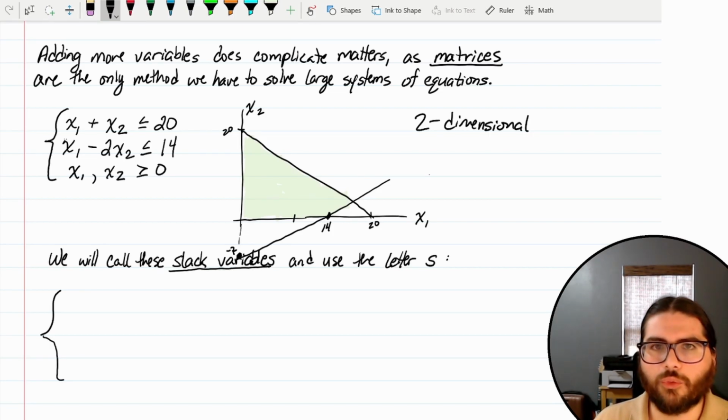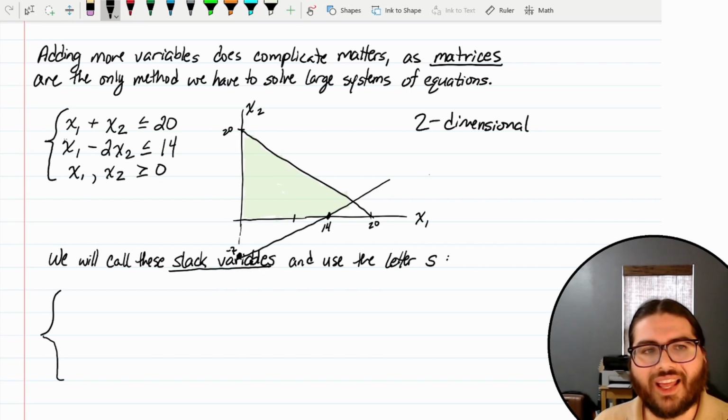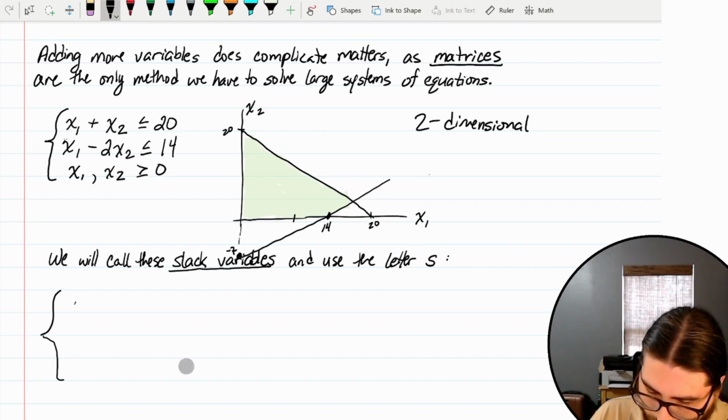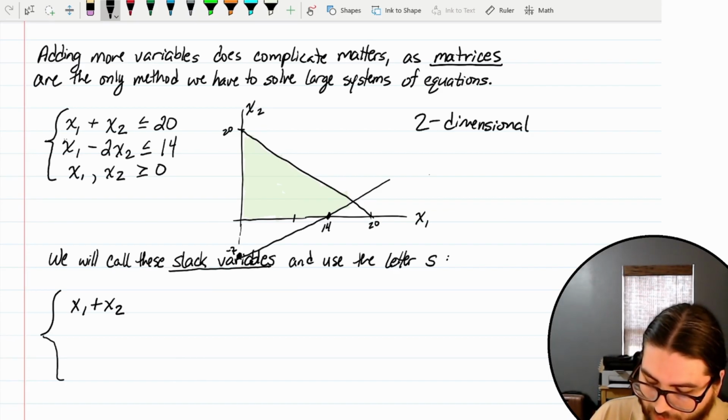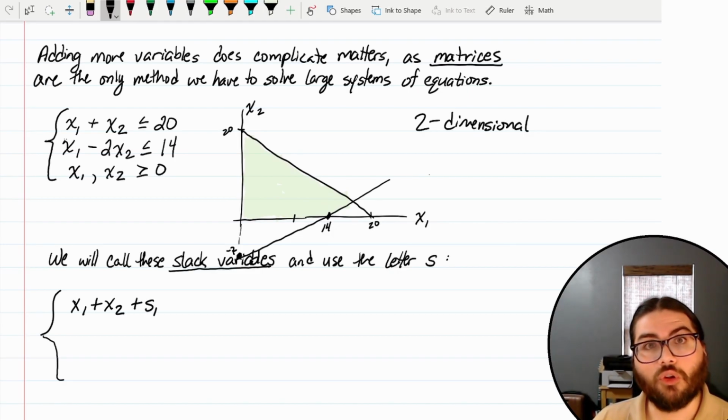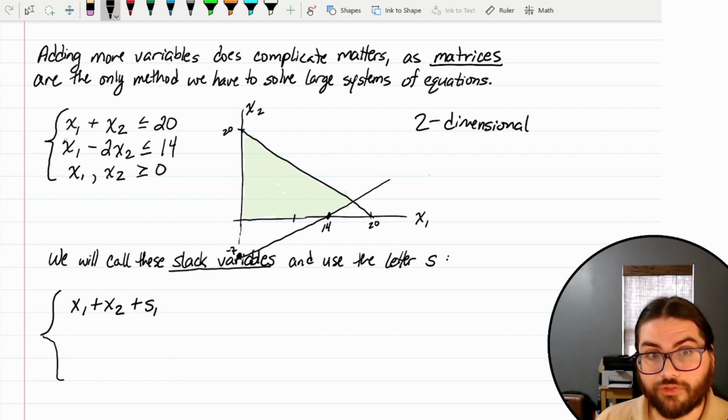I called it y on the previous slide, but now I'm going to start using the letter s to describe my slack variables. So my first inequality is x1 plus x2, and because that could be less than 20, if it is, I'll let this variable s1 take up the difference.